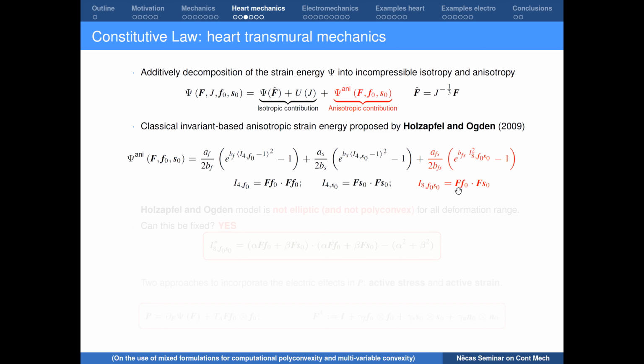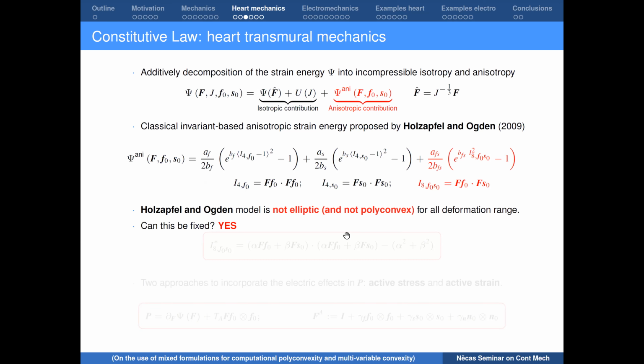Now, unfortunately, this invariant, again, is not polyconvex because it's not elliptic. And this can potentially give you some trouble when doing simulations. So what we decided to do is to fix it. We defined a polyconvex envelope for that.